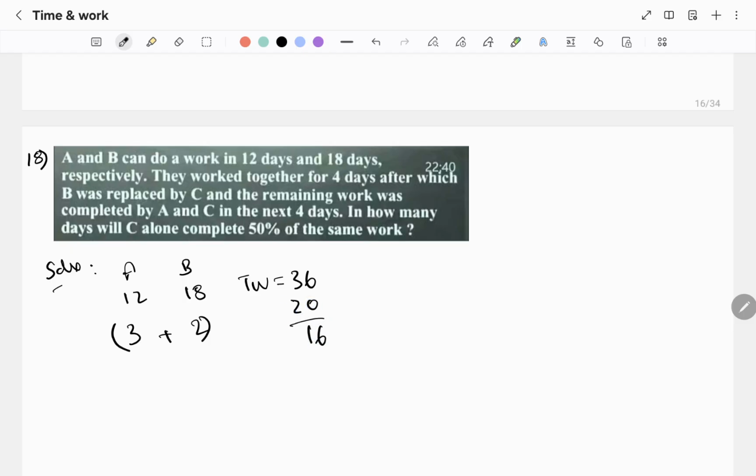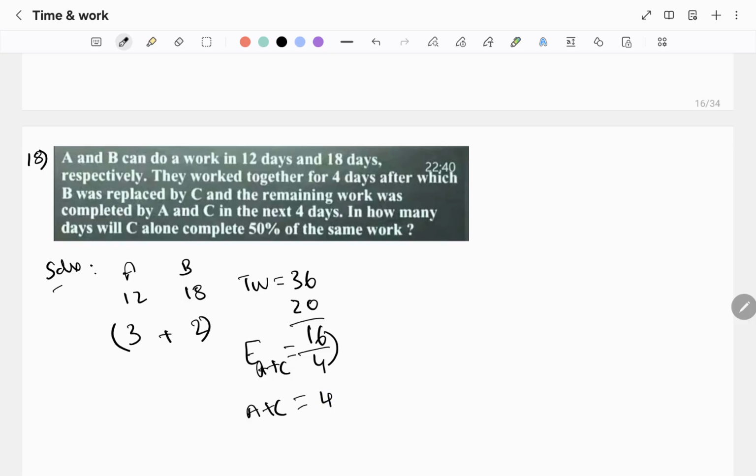The remaining parts were done by A and C in 4 days. Now if you divide 16 by 4, we get the efficiency of whom? A and C's, because they have worked together. So A plus C efficiency is 4.